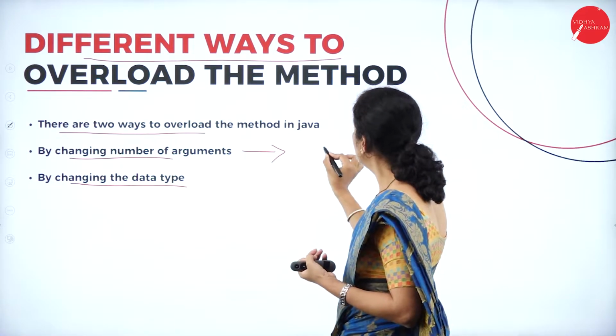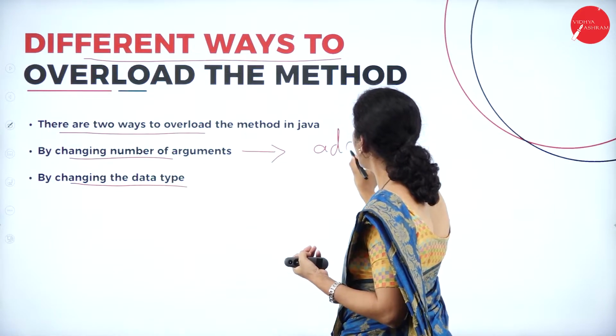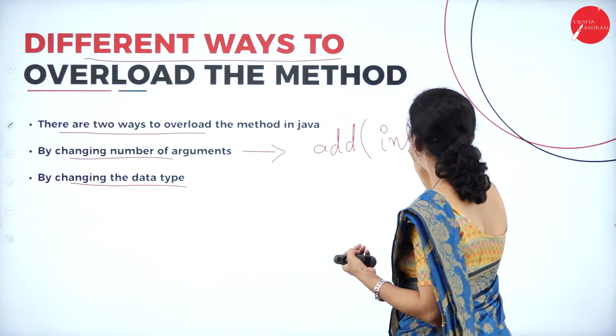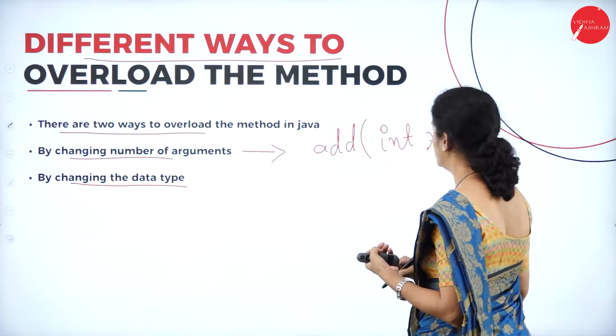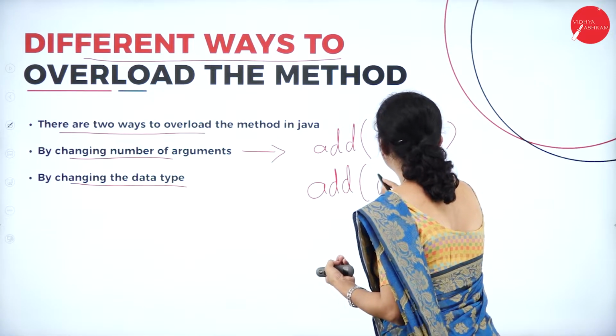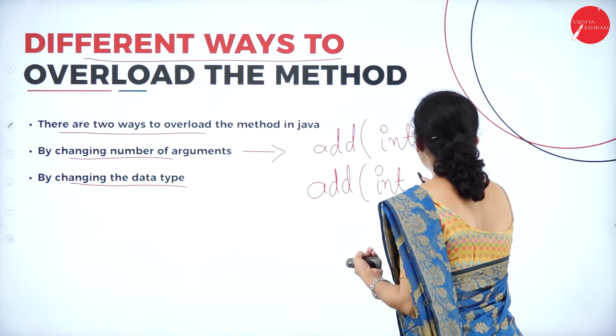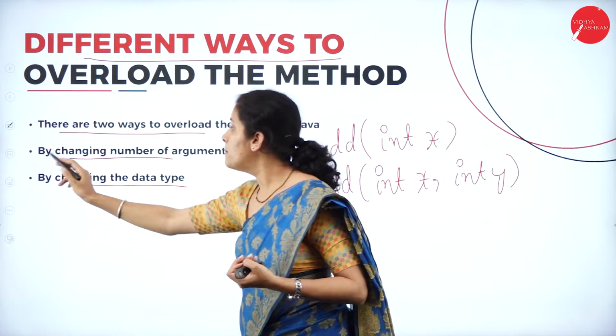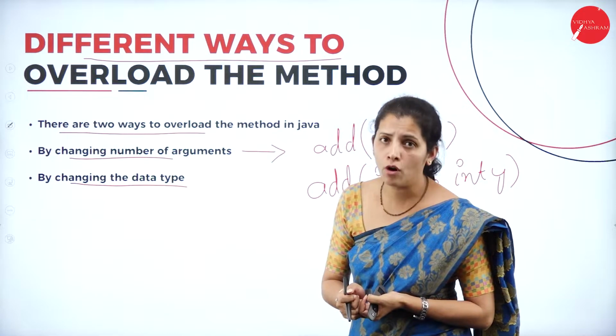Now see here, I'm going to have an add function and I'm going to pass only one argument. The second time, the same add function, here I'm going to pass two arguments, and this is the example for changing the number of arguments.